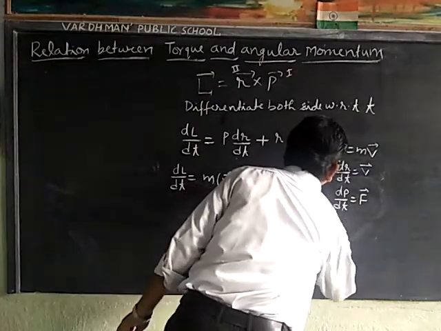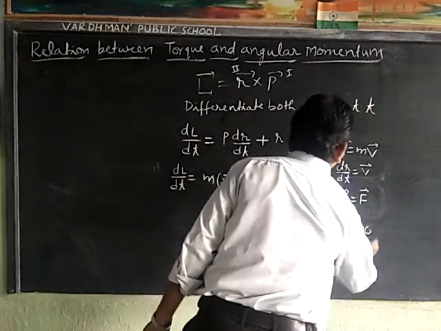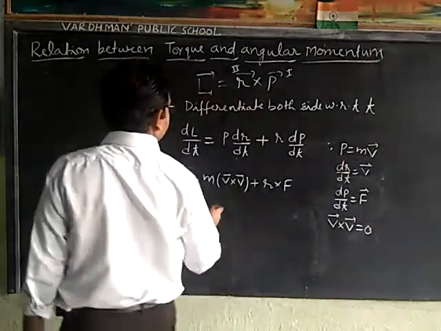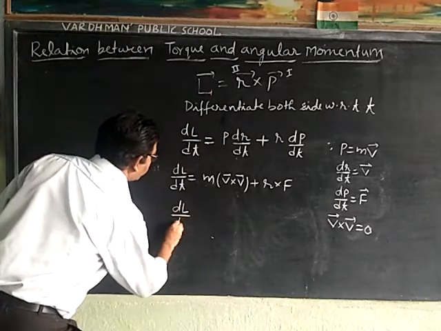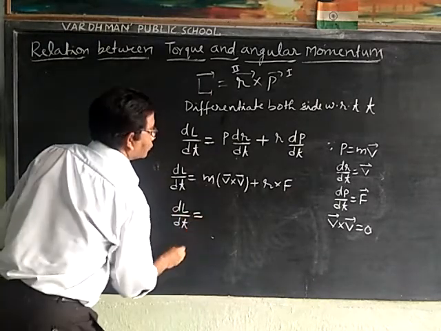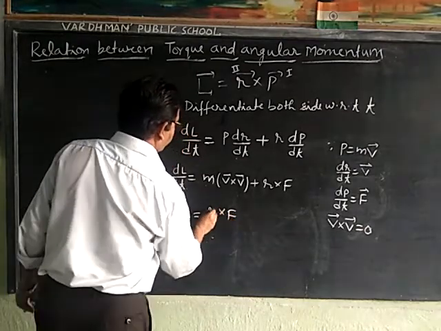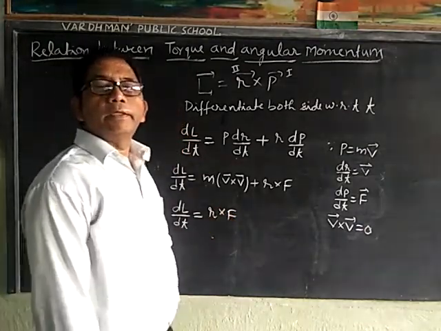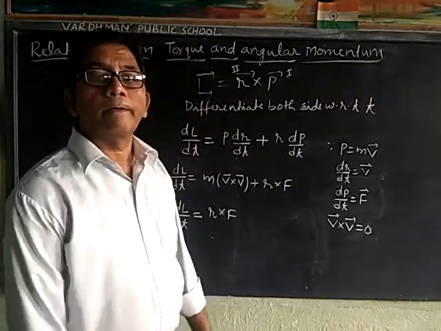V cross v is equal to 0. Thus this becomes 0. Therefore dL upon dt is equal to r cross F.